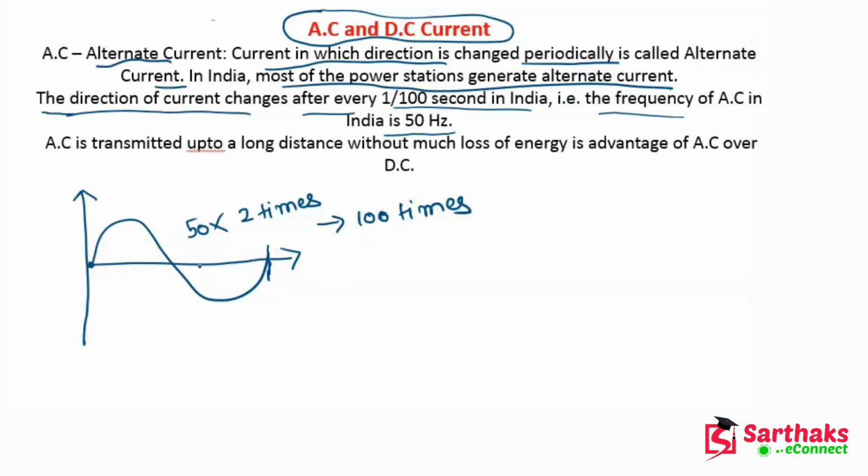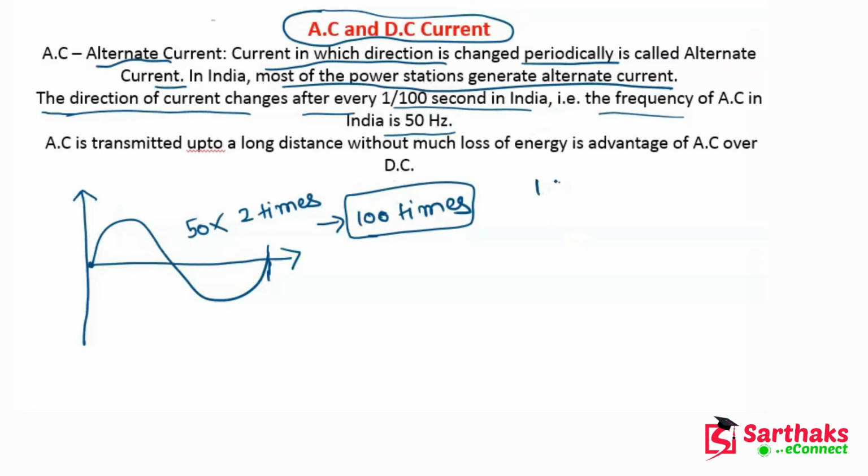In 1 second it completes 50 rotations, so in 1 second it changes its direction 100 times. I hope you understand this point. That's why it is written that the direction of current changes after every 1/100 second in India.